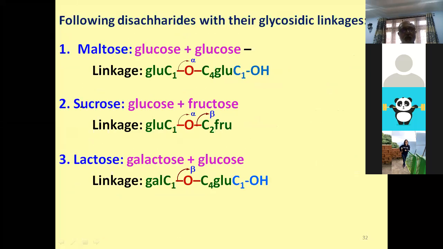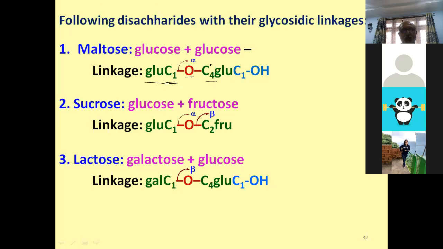In the case of maltose, we find that C1 of one glucose is linked to the C4 of the second glucose. The C1 is the anomeric OH group, connected through alpha. That is the short form for maltose.